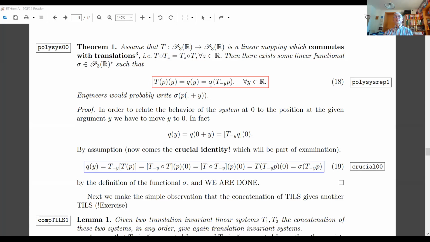We will see that this expression actually means that we take the functional and move it along the time axis, but this comes later.